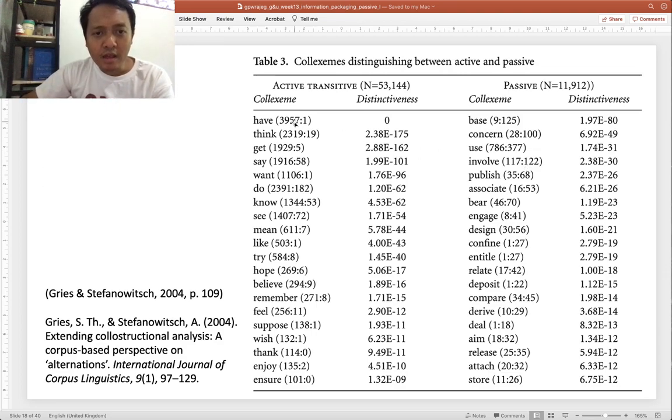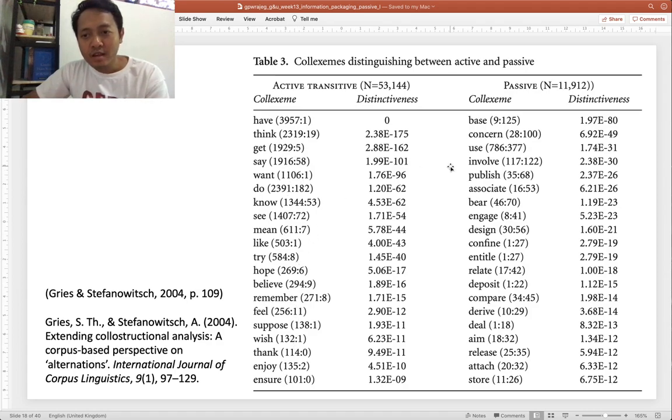So verbs such as have, get, do, like, believe, feel, and so on, are strongly associated with active. If we see the number to the left of the column, it is the frequency of the verb in active, while the number to the right of the column is the frequency of the verb in the passive. We see that they are more frequent in the active.